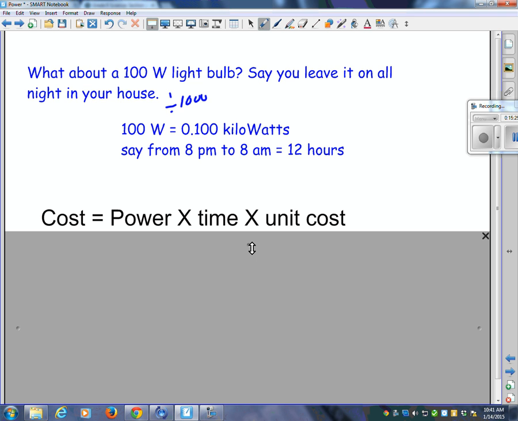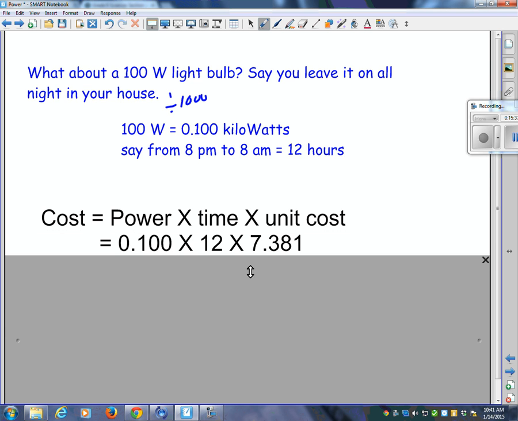So, cost is power multiplied by time, multiplied by unit cost. What's the power? 0.1. What's the time? 12. What's the unit cost? 7.381 cents.